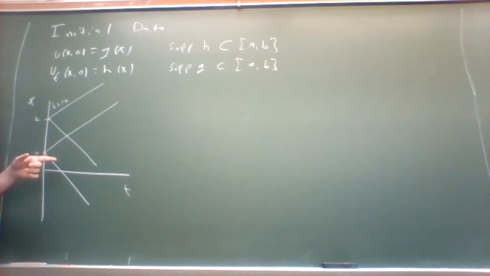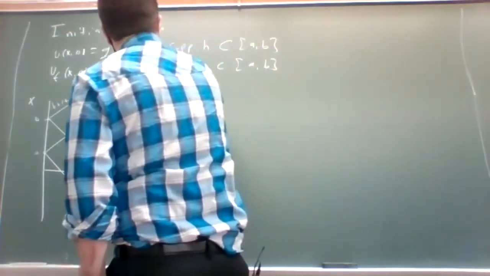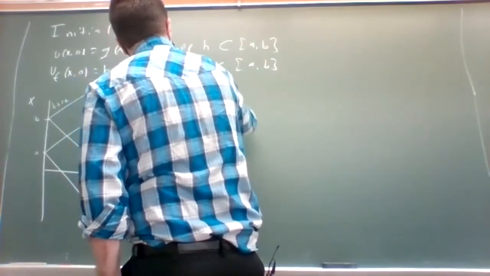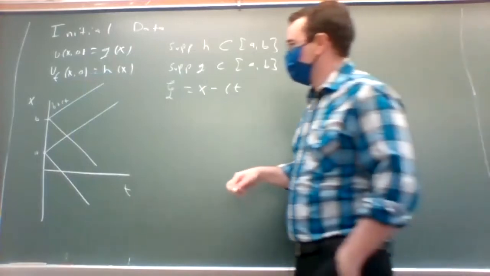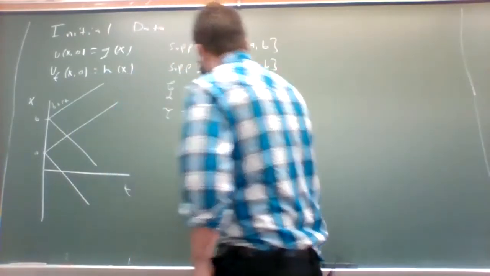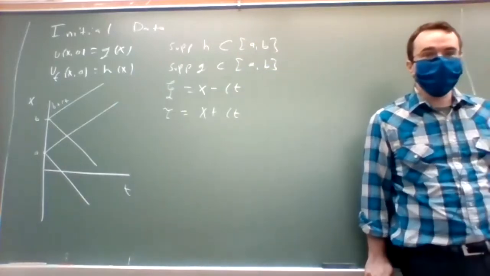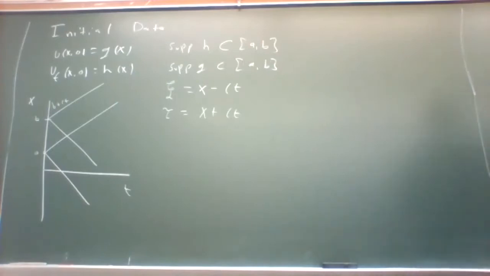But for now, I want to give you a class exercise. We talked about these characteristic coordinates, namely, let's take xi equals x minus ct, and tau equals x plus ct. I think this picture is a little bit easier to understand than characteristic coordinates.